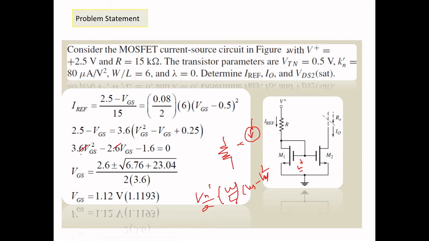You can take A as 3.6, B as 2.6 and C as 1.6. Further they substituted and finally got VGS equal to 1.12 volts. This 1.1193 was rounded off to 1.12 volts.